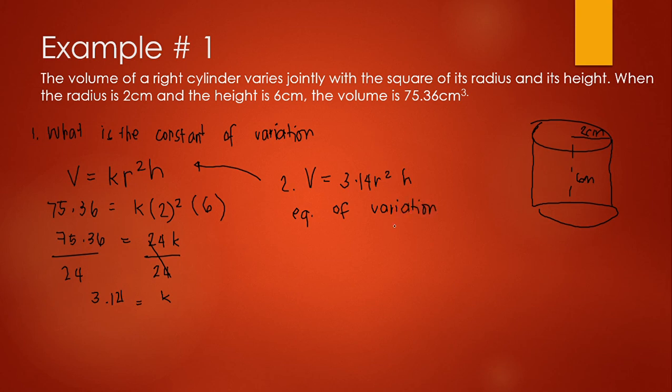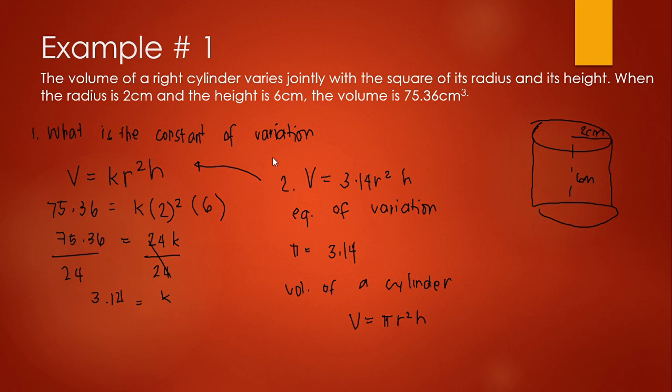Since the value of pi is equal to 3.14, and in order for us to find the volume of a cylinder, we have to use the formula V is equal to pi r squared times height. So this is just the same as V is equal to 3.14 r squared h.